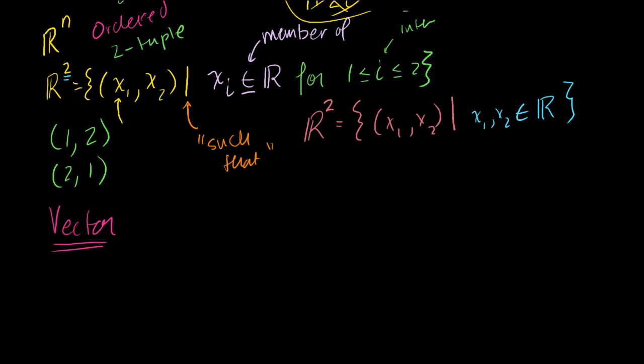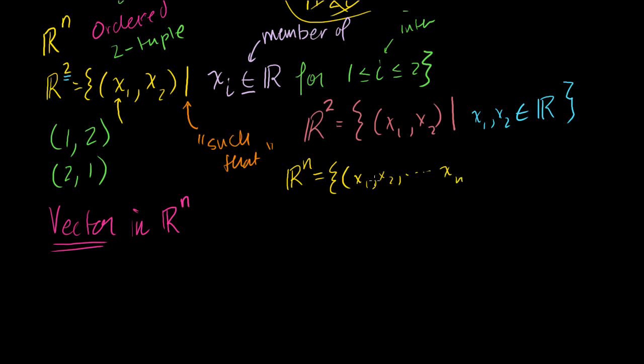So I'm going to define a vector in Rn. Actually, let me be careful. I haven't even defined what Rn is. I just defined R2 and R3. So let me define Rn. Rn is equal to the set of all ordered n tuples. So you have x1, x2, all the way over to xn.